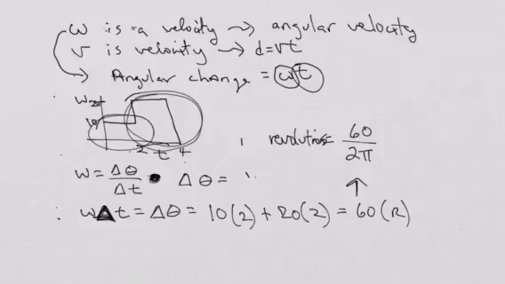That's my answer for how many revolutions I've done. 2 pi is how long I have to go to progress one revolution. Pi is about 3, so that's 60 divided by about 6, which is a little less than 10.